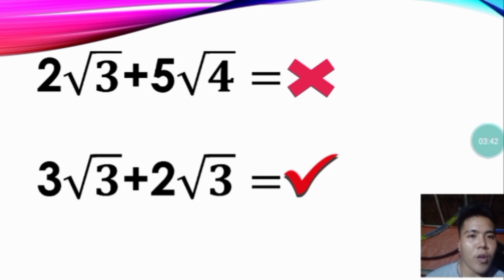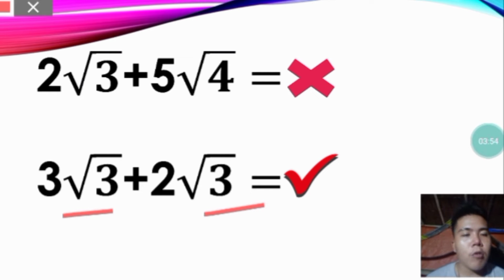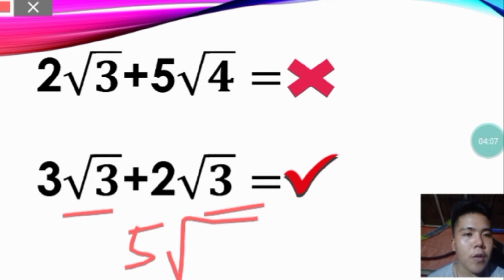But the second one is correct. You can add these radicals because both radicands are 3. In that case, you can automatically add. So in this example, the answer is 5 square root of 3.